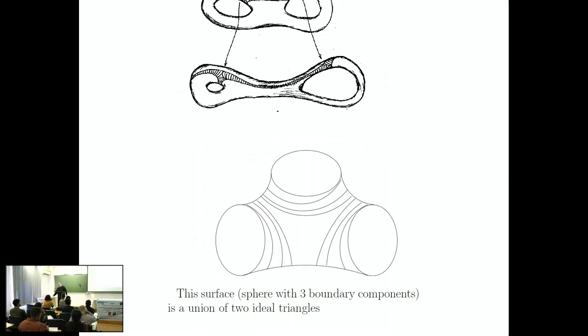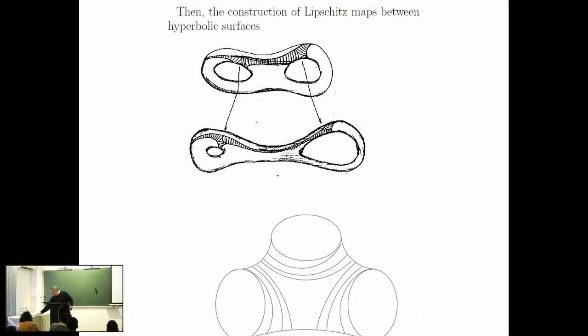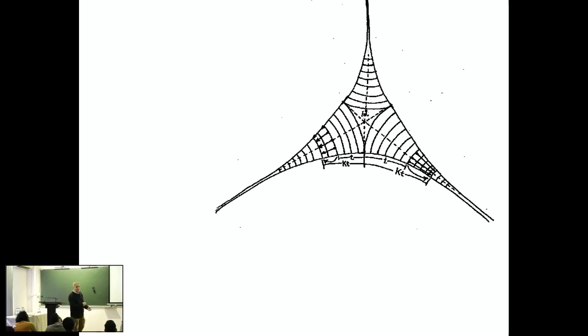The basic thing about Thurston's theory is that this map here, between ideal triangles, has a meaning when the surface is decomposed into ideal triangles, and it is the model of his best Lipschitz map.